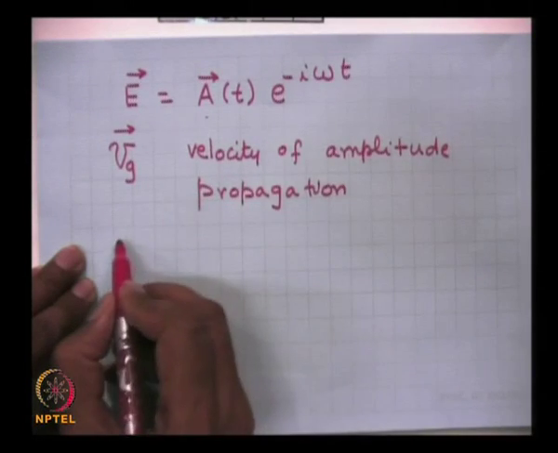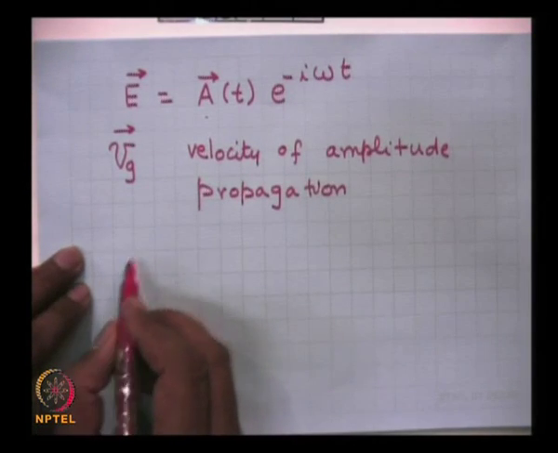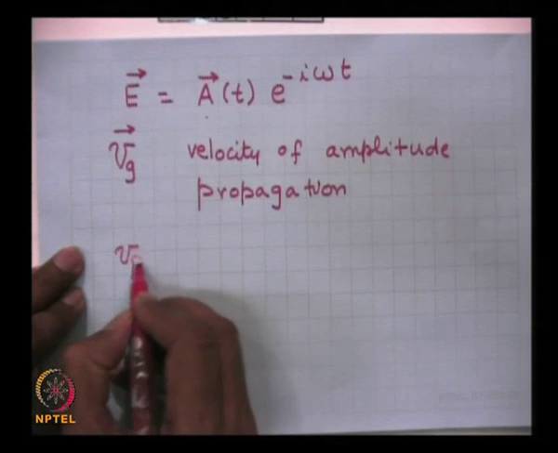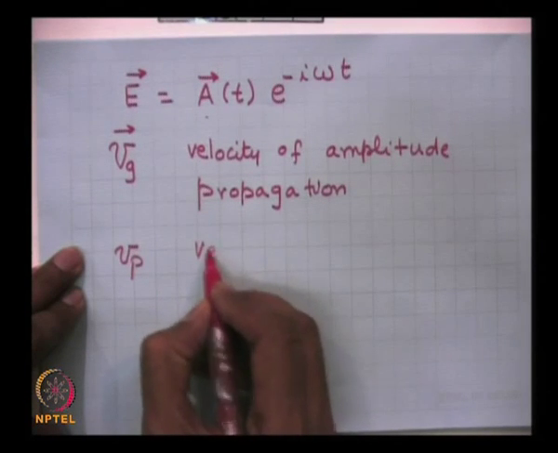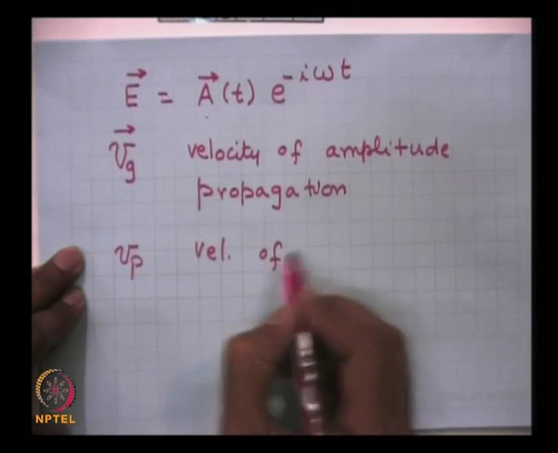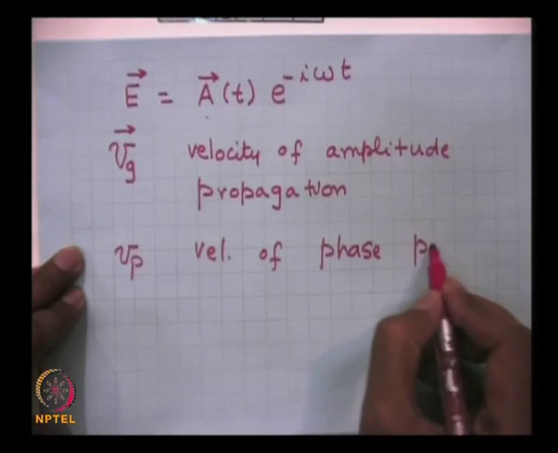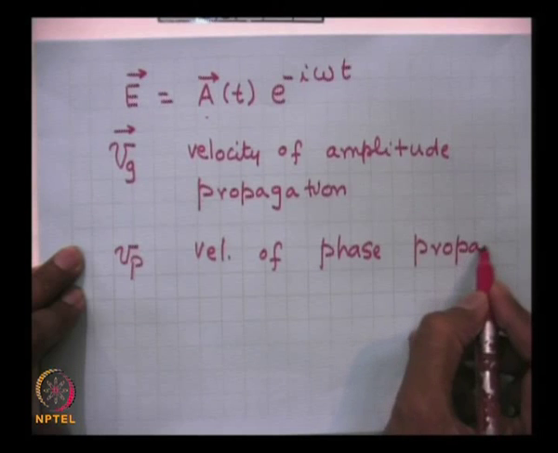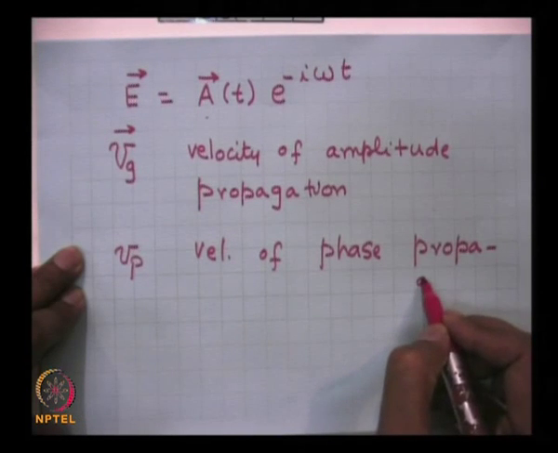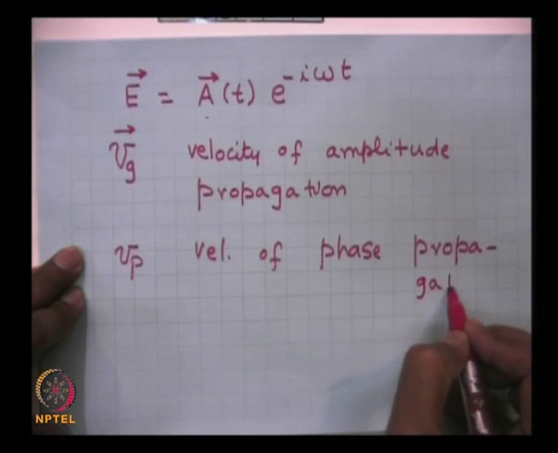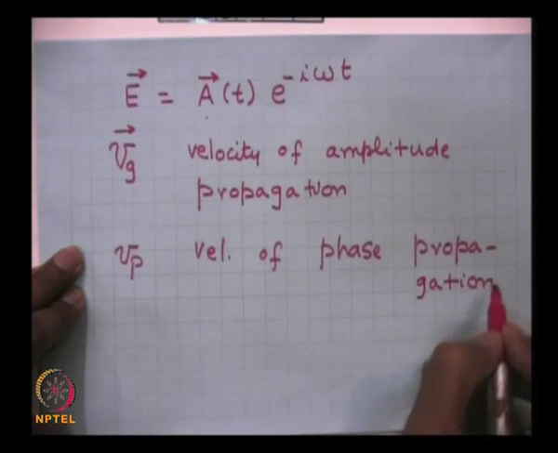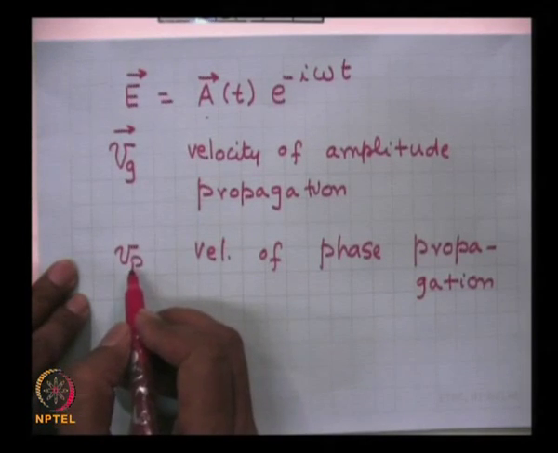Whereas the velocity of phase propagation is called Vp, there is a relationship between the two.